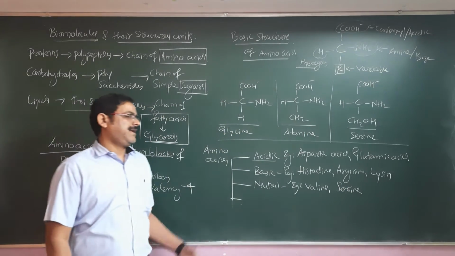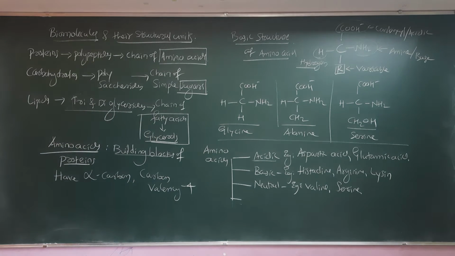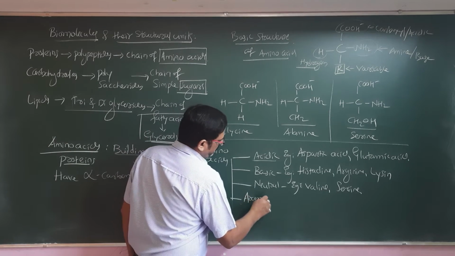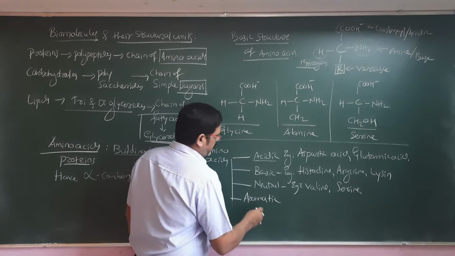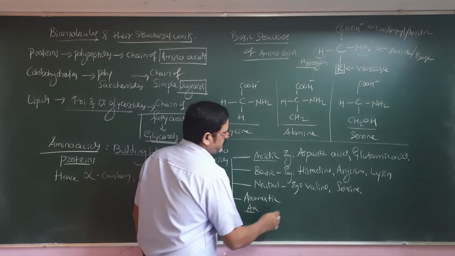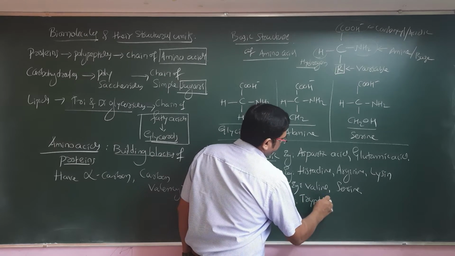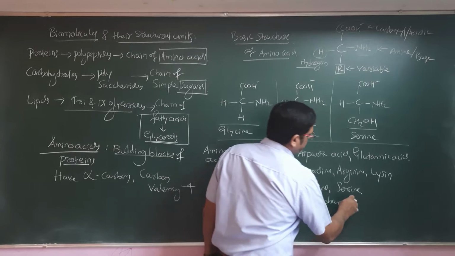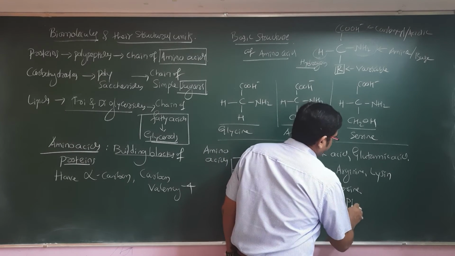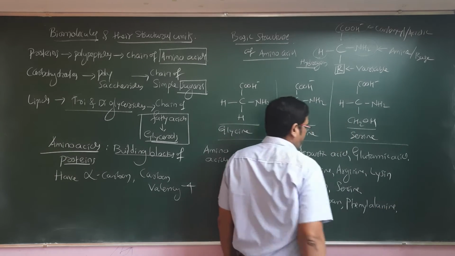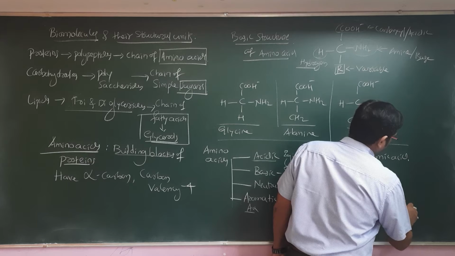Certain amino acids exhibit a kind of odor or smell, so we call them aromatic amino acids. So what are these aromatic amino acids? There are a number of examples. Aromatic amino acids, AA means amino acid. Examples include tryptophan, proline, phenylalanine, and it can be threonine also.